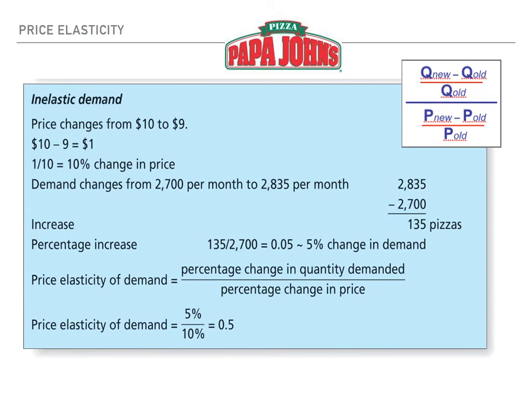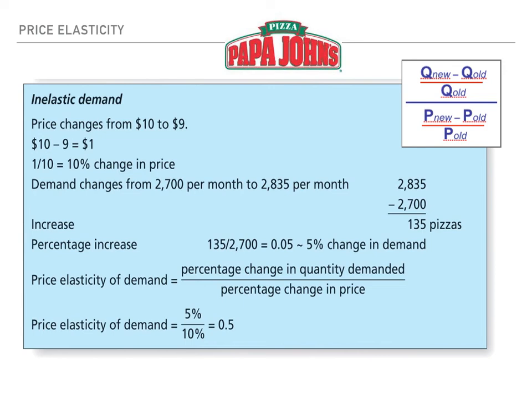In this example here, which I'll go through a little more quickly, we have a similar scenario with the price changing from $10 to $9, so that percent change in price is the same. However, in this case, we sold 2,700 the first month, like Donato's did, but the second month we only sold 2,835. So already you can see that they didn't sell as many as Donato's.